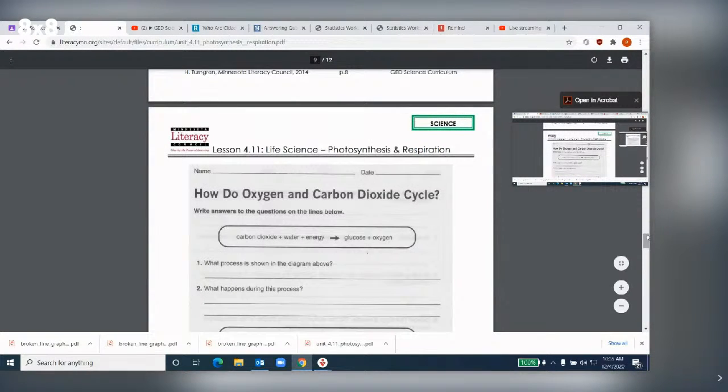So this is basically how oxygen and carbon dioxide cycle. Plants get energy from the sun. They give off oxygen into the environment. Humans breathe it, then we give off carbon dioxide. So it's basically like that.